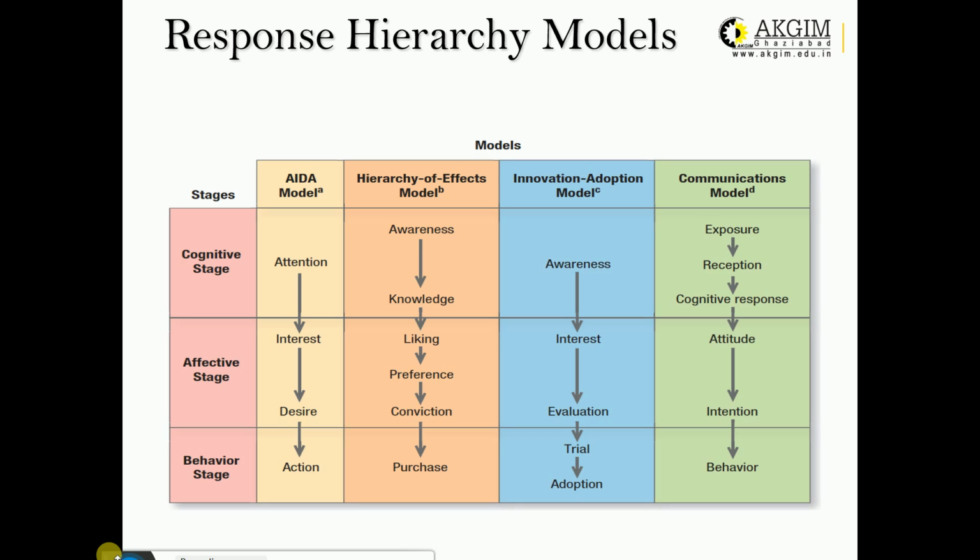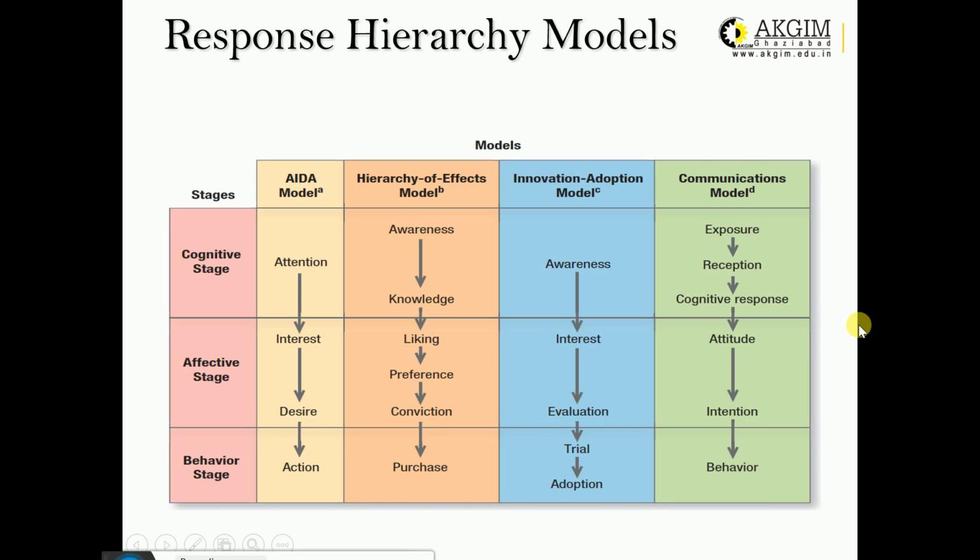And once the attitudes are developed, whether favorable or unfavorable, the customer may reach a stage of forming an intention towards an object, or a brand or a product. This intention can be an intention to buy a product, or not to buy a product. And finally, this intention may reach the action stage, that is purchase behavior. So these are response hierarchy models, which talk about how a consumer undergoes these different processes.